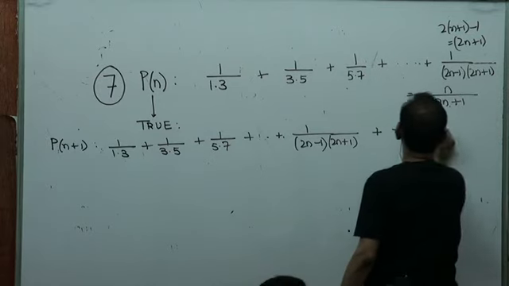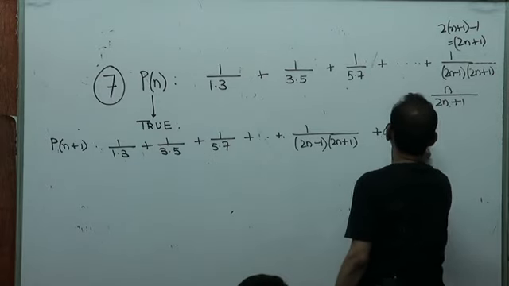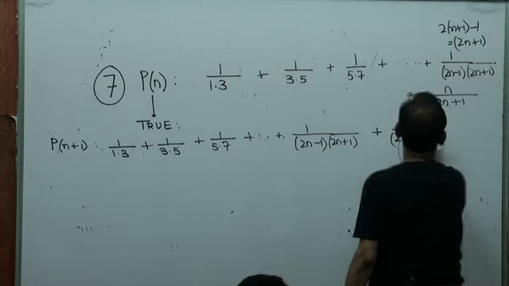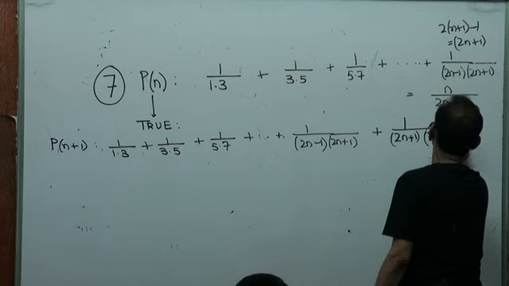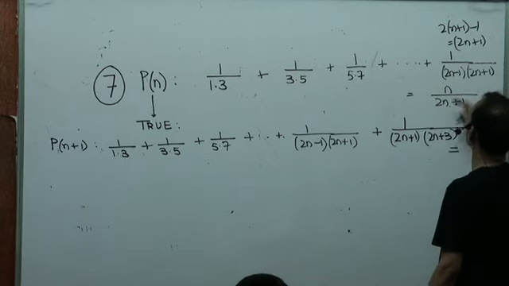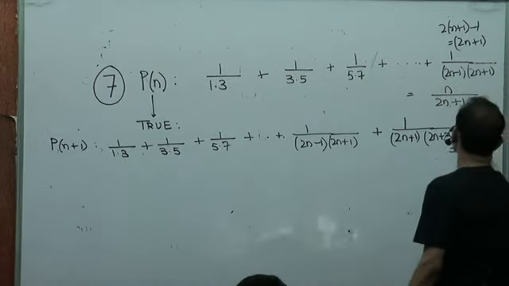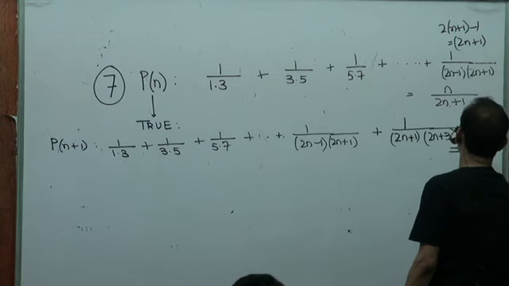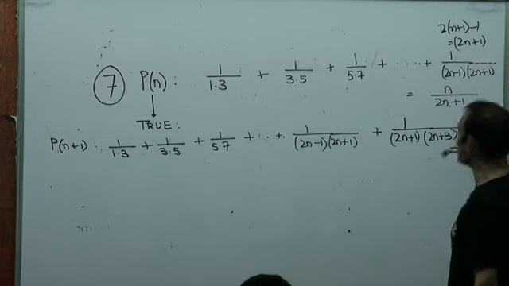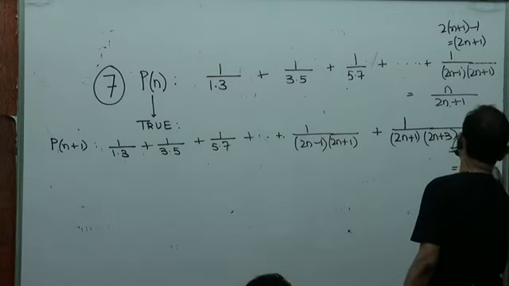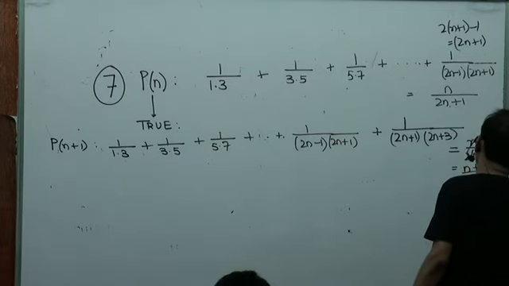So, the last term is, I am sorry, 2n plus 1 into 2n plus 3. We want to show that this is equal to replacing n by n plus 1, which is n plus 1 divided by 2 into n plus 1 plus 1. That's the statement Pn plus 1, which is n plus 1 divided by 2n plus 3.